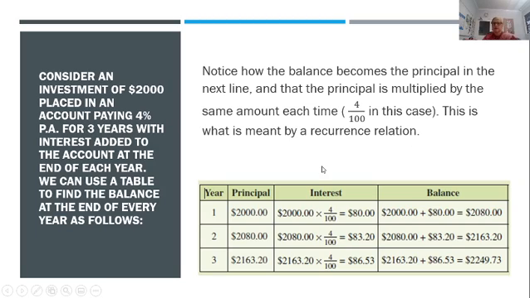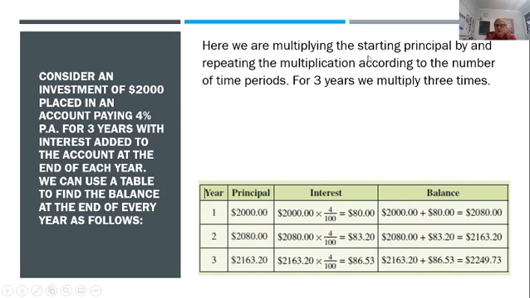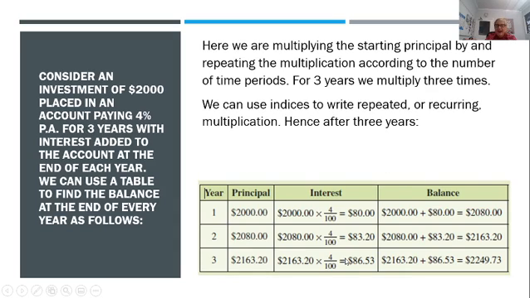When something recurs, it takes place again and again and again. Here we're multiplying the starting principal by repeating the multiplication, repeated to the number of time periods. So for 3 years, we did it once, we did it twice, we did it 3 times. So we can use indices, which is powers, to write the repeated or recurring multiplication.